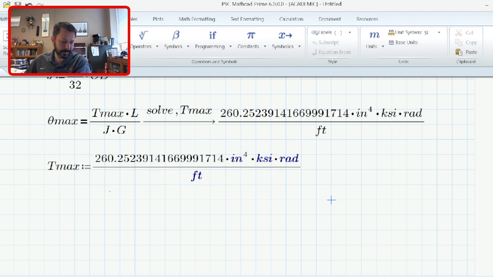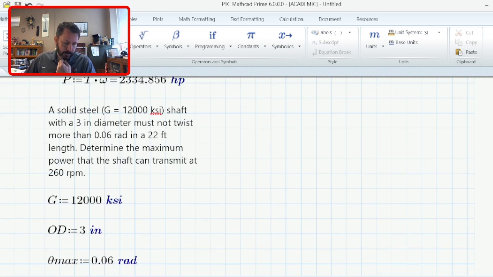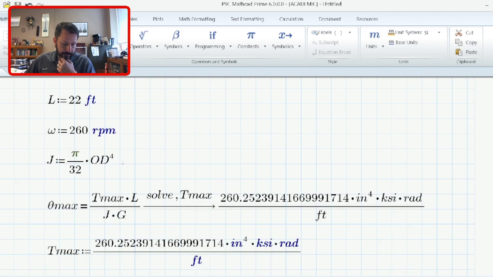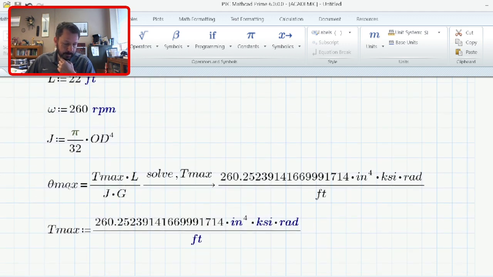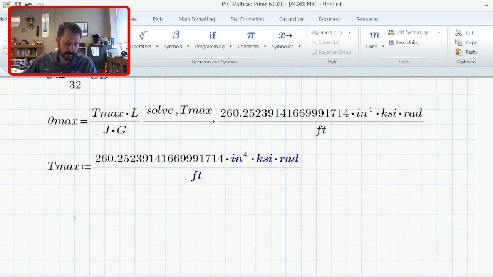All right, so the problem statement's not asking for that. It's actually asking for max power. So now we need to do power equals torque times omega. So we've got T, we've got omega. Again, if you're plugging these into a calculator, you're going to have to convert these units to compatible units to be able to multiply them together. MathCAD will do that itself.